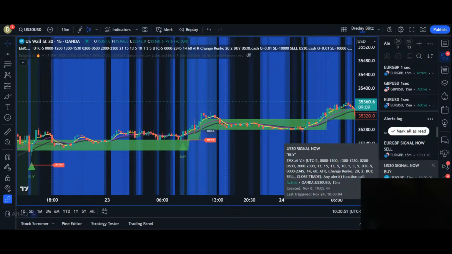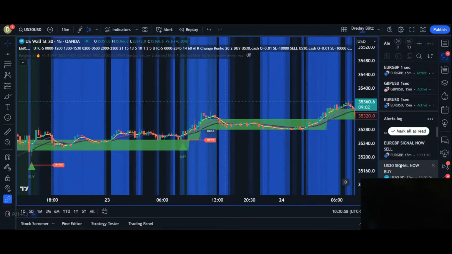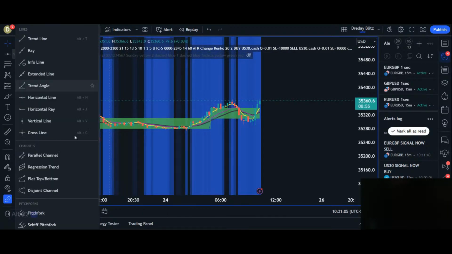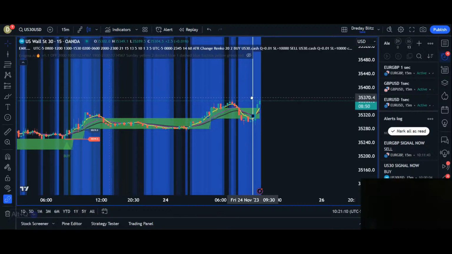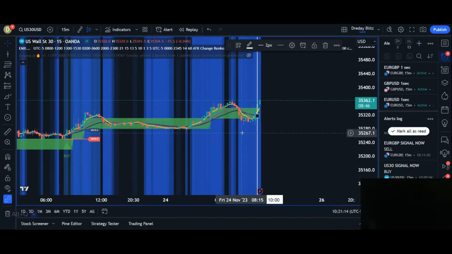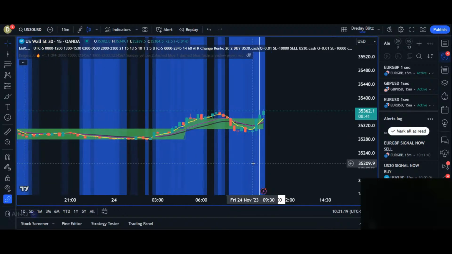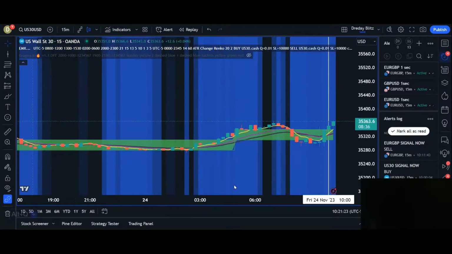Yeah, at 10 o'clock this morning, there was a buy signal. Let me put a vertical line here. I think that 10:45 here. So the signal came in on that candle.